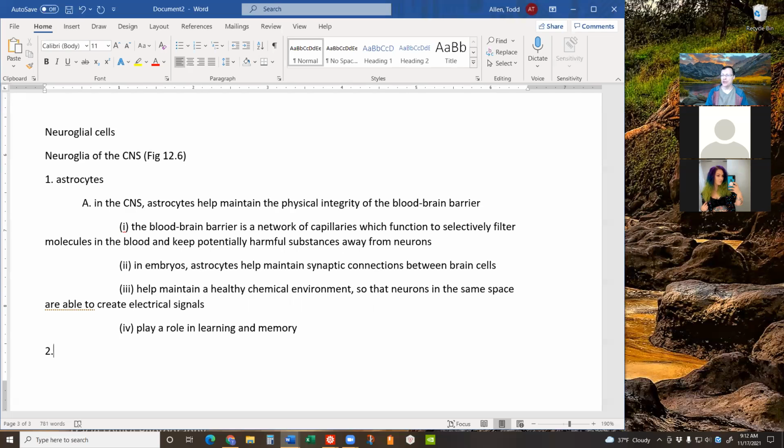The myelin sheath in the peripheral nervous system is made of a different type of cell called a Schwann cell. We will be documenting this in your notes pretty soon. But within the central nervous system, you find areas of the brain that have myelin sheath and other areas of the brain that don't. So the areas of the brain that do have myelin sheath, the myelin sheath in the central nervous system is made of a different kind of cell called an oligodendrocyte.